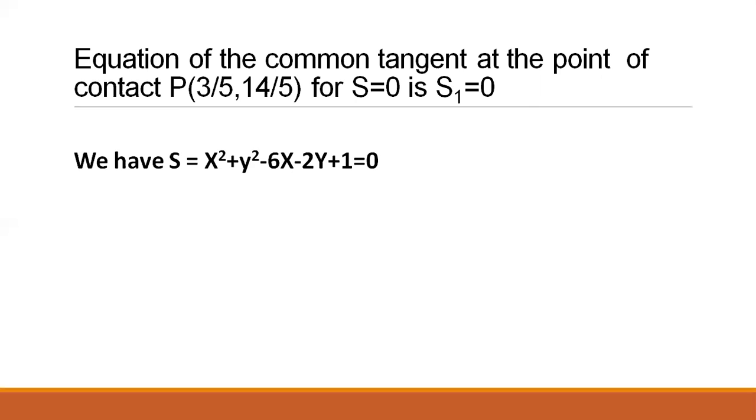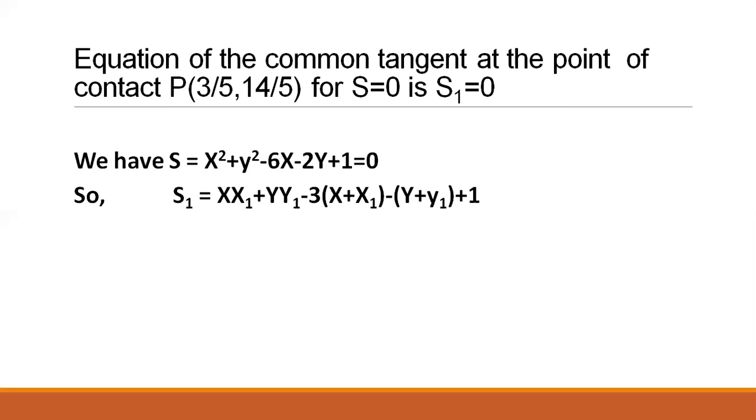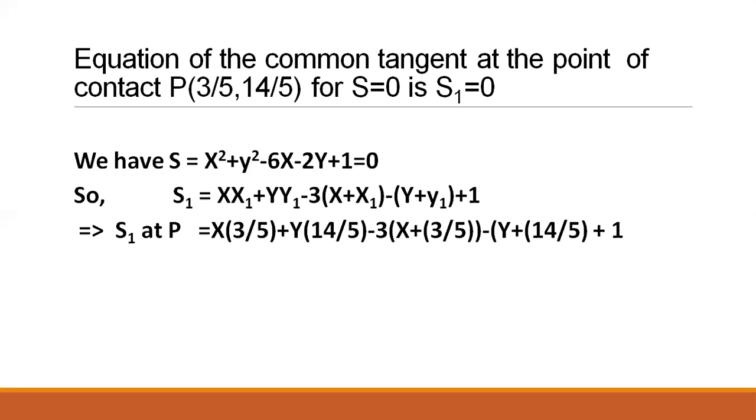Now we have, what is S? S is equal to x square plus y square minus 6x minus 2y plus 1 equal to 0. So S1 will be x x1 plus y y1 minus 3 times (x plus x1) minus 1 times (y plus y1) plus 1. Now we'll find S1 at P, children.